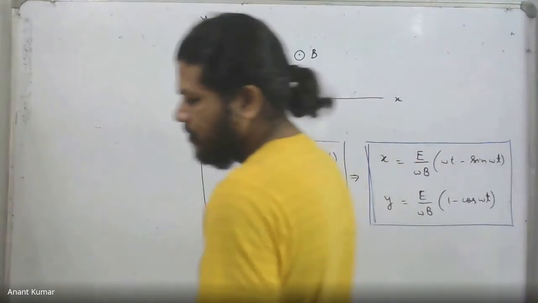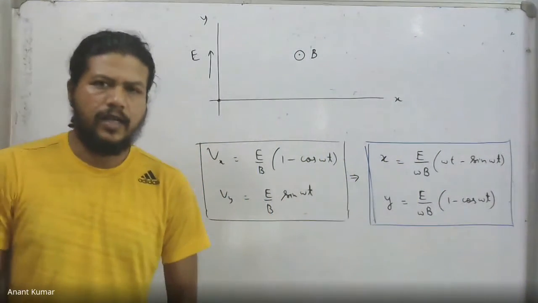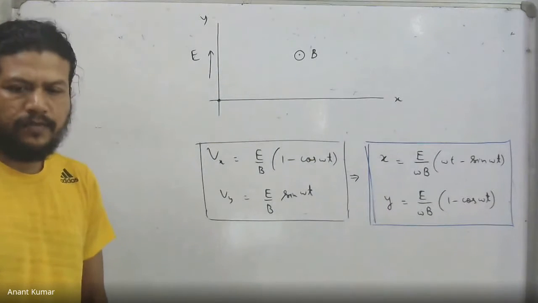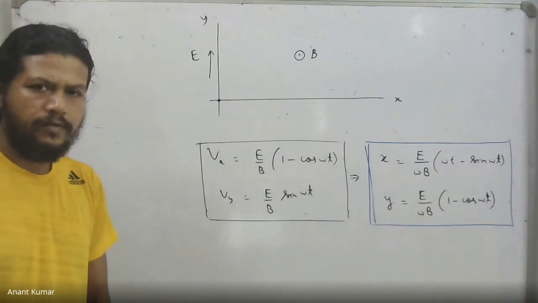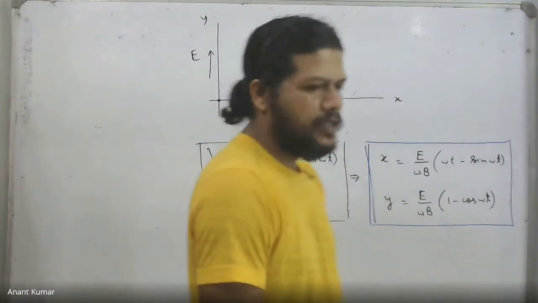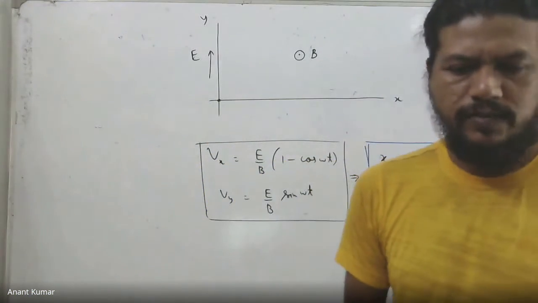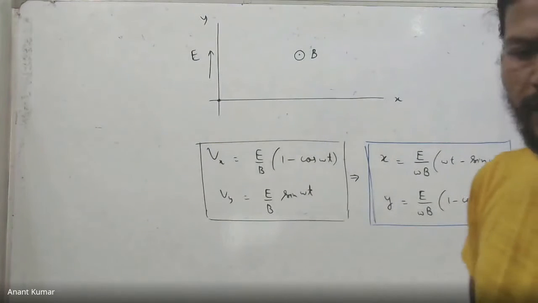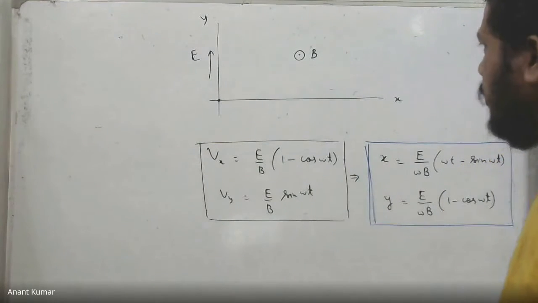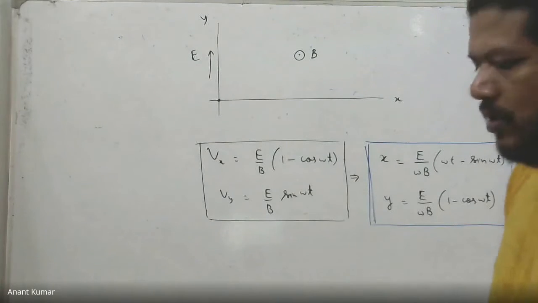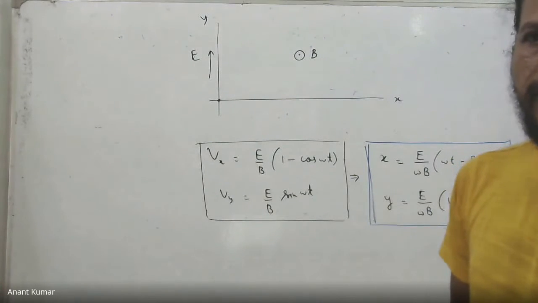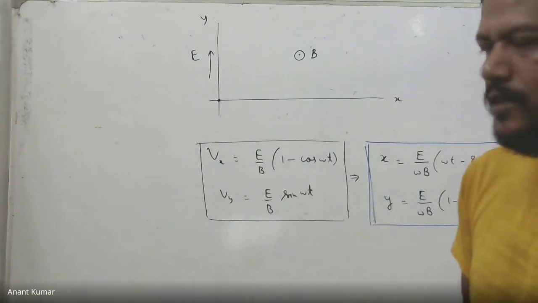But earlier I said that by transforming the reference frame, we effectively change the electric field in our reference frame. So what I do in this case is take up a new reference frame which is moving in such a way that in that reference frame E turns out to be 0.